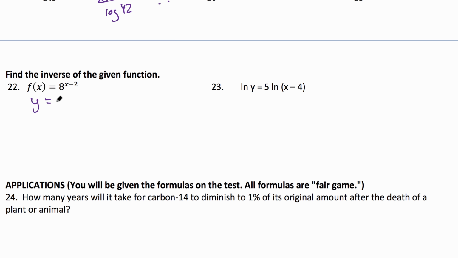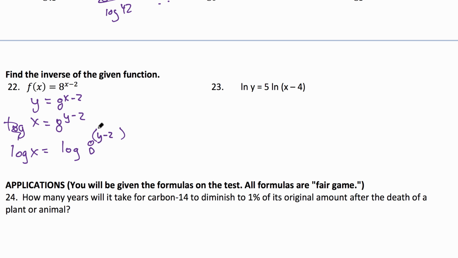Inverse, if you remember how to do that, we have to switch. This is like y equals 8 to the x minus 2. But let's switch x and y. So we get x equals 8 to the y minus 2. So now what? I would take the log of both sides. So the log of x equals the log of 8 to the y minus 2.